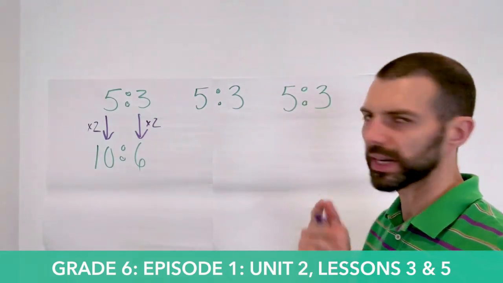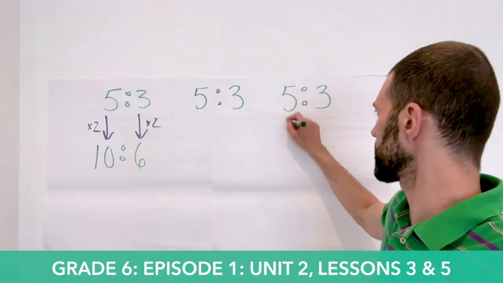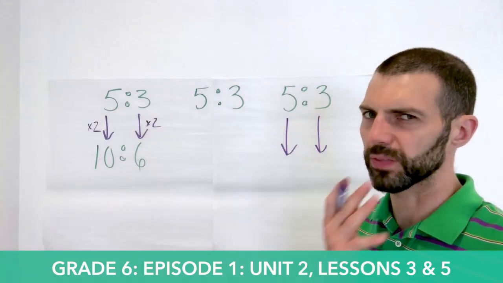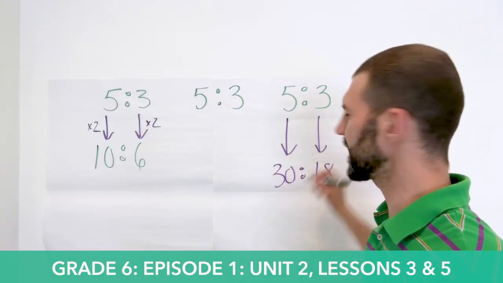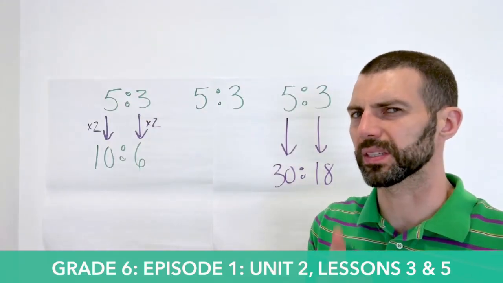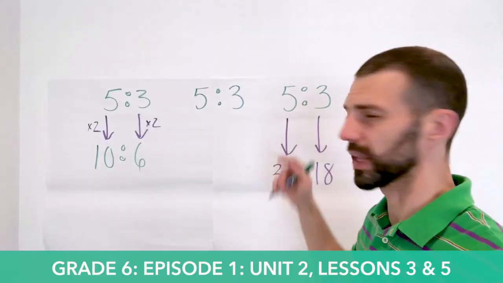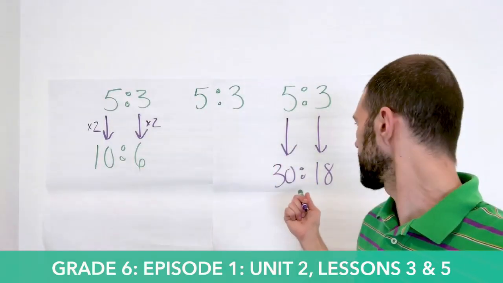So I'm actually going to start with 30 to 18 this time. So using the same method that I did before, I'm going to ask myself, is there anything I can multiply by? And it has to be the same number. Is there a number that I can multiply by 5 and a number that I can multiply by 3 that would give me 30 and 18?